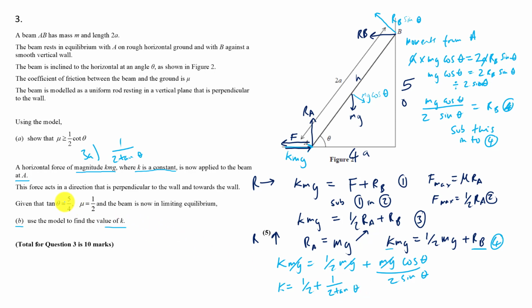Now we know tan theta is 5 over 4. So that actually equals a half plus 1 over 2 times 5 over 4. That actually is going to give us 9 over 10.